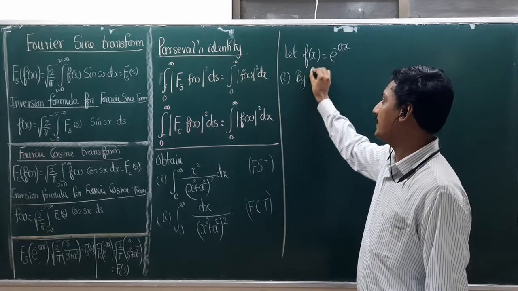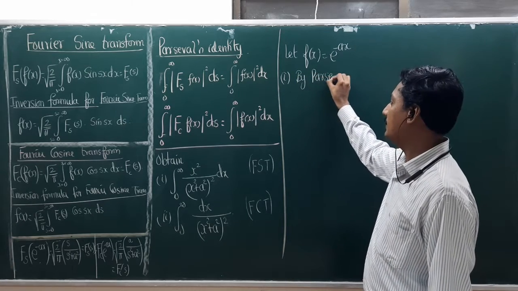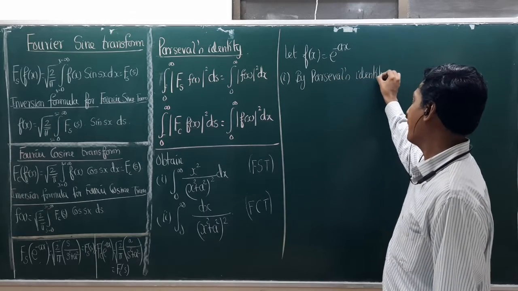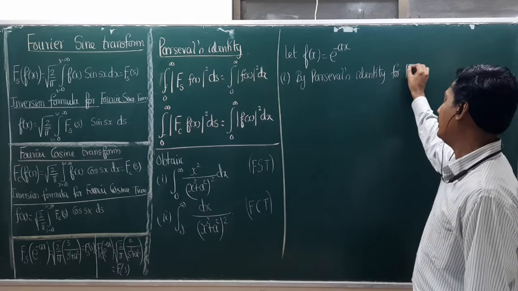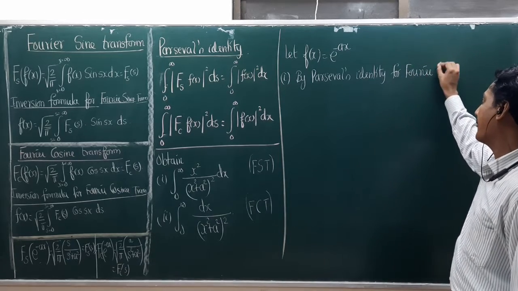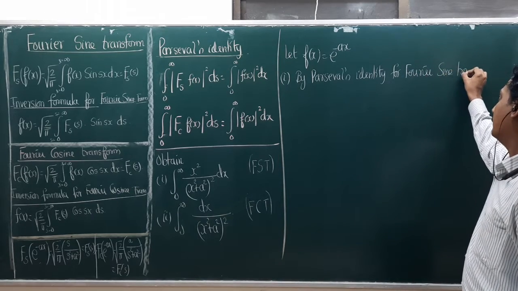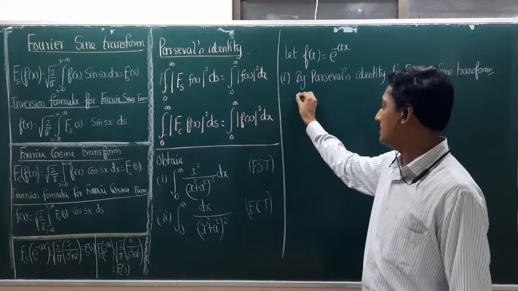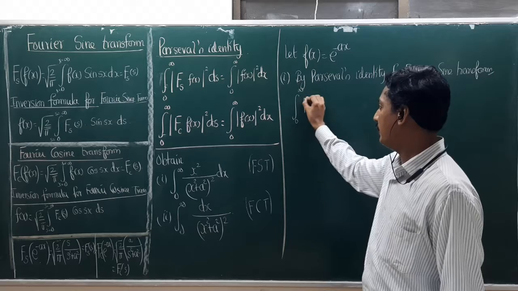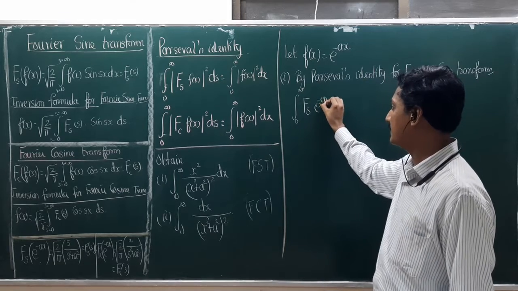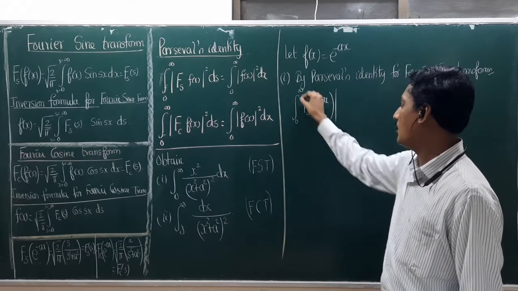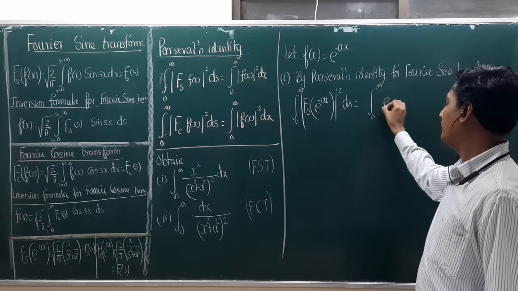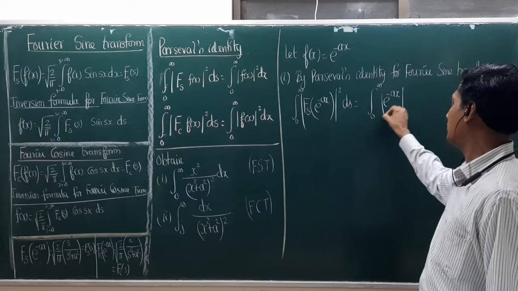By the Parseval's identity, the integral 0 to infinity of the modulus of the Fourier sine transform of e to the power minus ax, squared, ds is equal to the integral 0 to infinity of e to the power minus ax, modulus squared, dx.